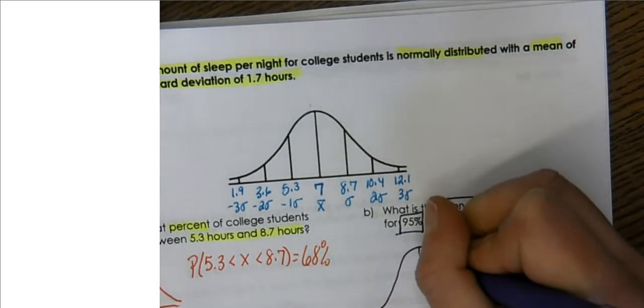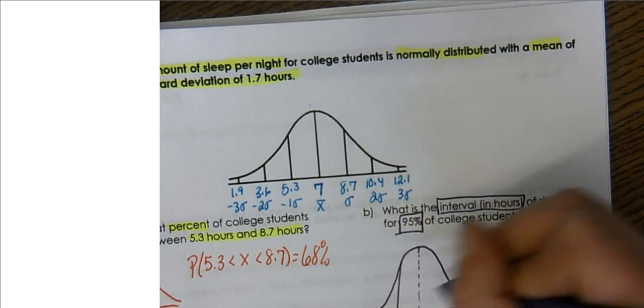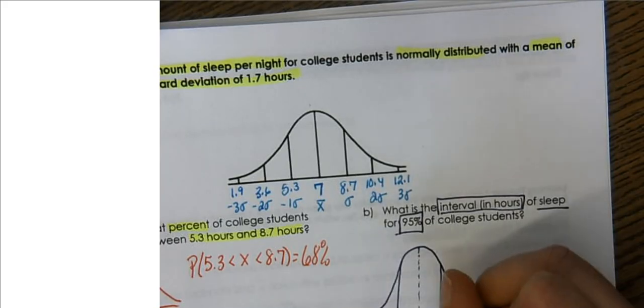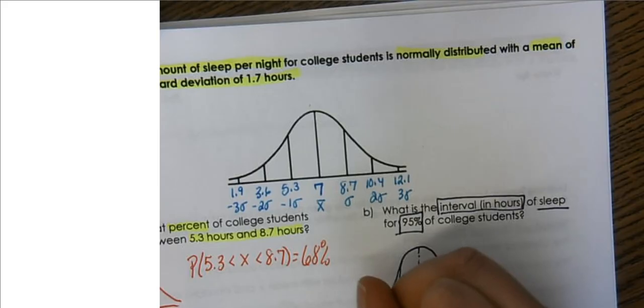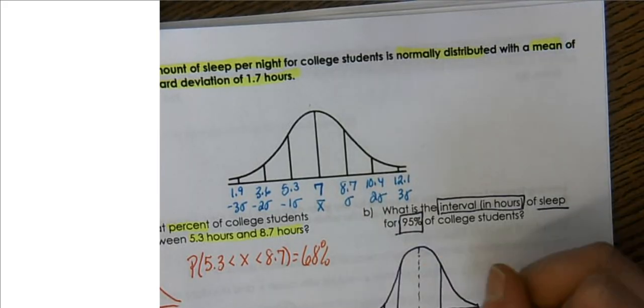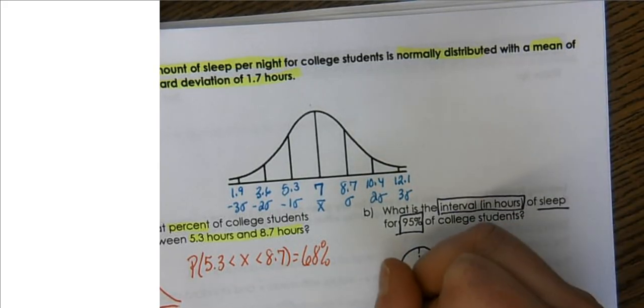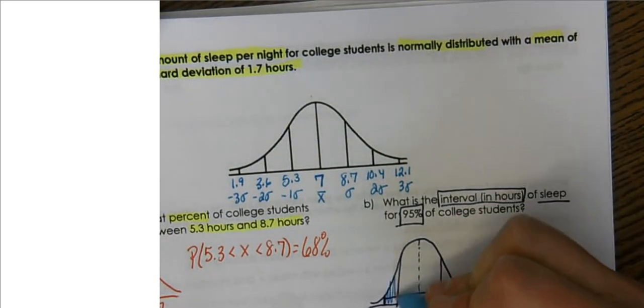Remember that right here at X bar, from one standard deviation above and below, that was 68%. Two standard deviations above and below, that was 95%. So we are looking in between plus or minus two standard deviations of the mean. So this is the area that we are looking in.